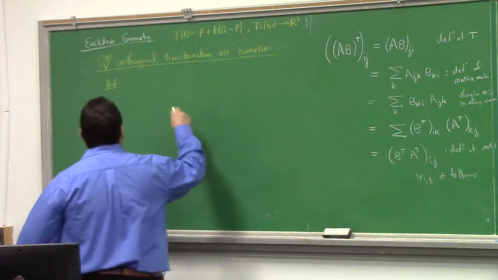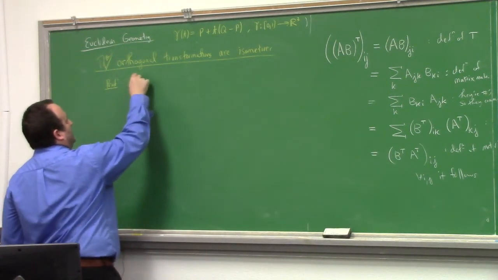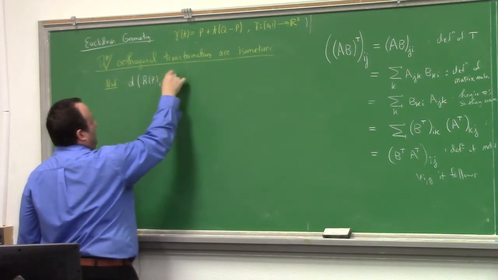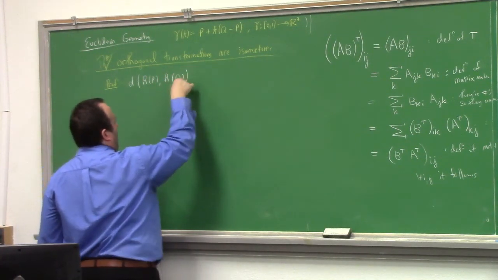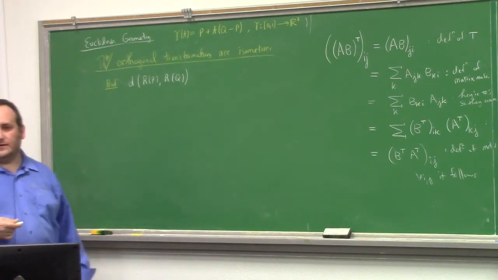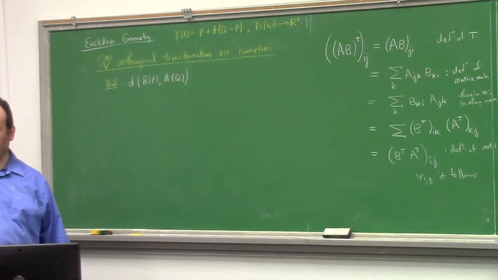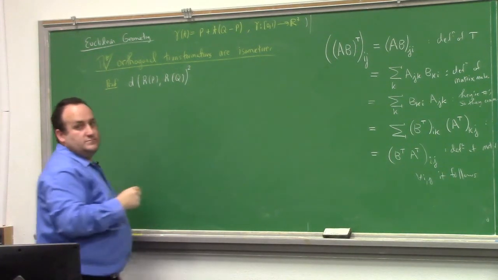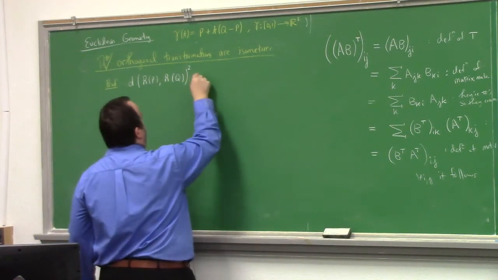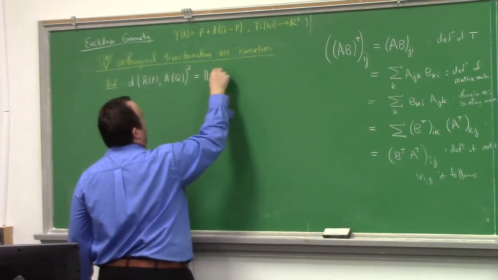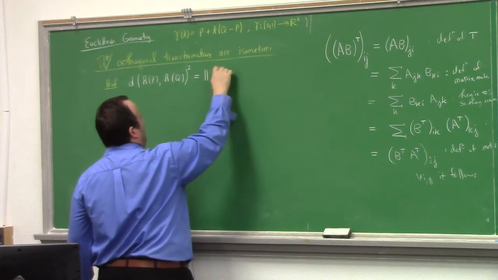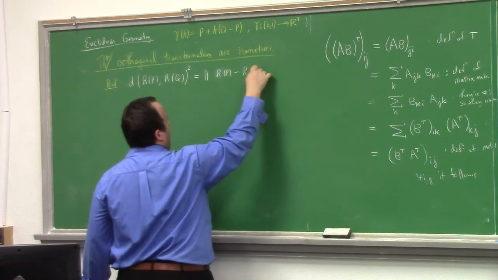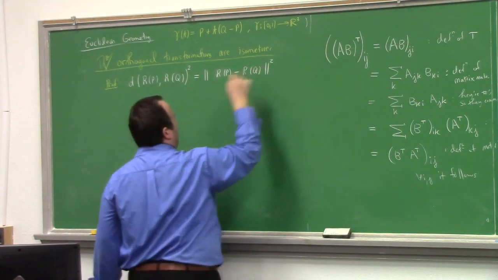So we should look at the distance from R of P to R of Q, right? And to make life simpler, I'm going to square it. So I have the norm of R of P minus R of Q, squared, right?